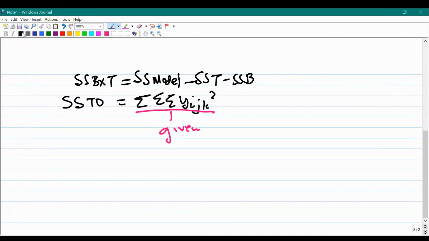That part is given because he knew that if you want to use that table, you won't be able to find this part. That's why I gave you the triple summation of Yijk squared. And the last one is SSE. This one is obvious. You can find this one.